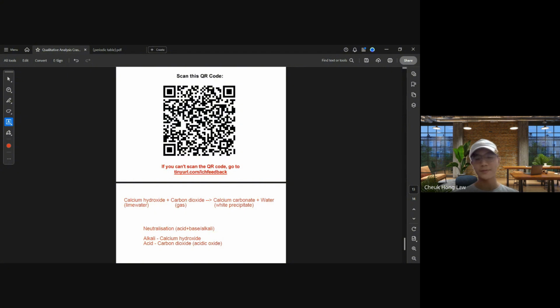My tips for you guys for qualitative analysis: don't just focus on memorizing the test for everything. Try to understand the reason why. For some you have to memorize, but for other tests like the test for carbon dioxide, we can understand the reason why we use lime water, because it reacts with carbon dioxide to form calcium carbonate, which is a white precipitate.